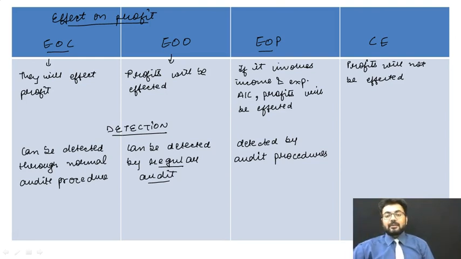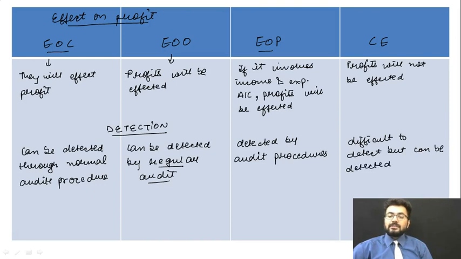By adopting such audit procedures, errors of principle can be detected. And compensating errors are actually very much deliberate and difficult to detect, but can be detected by audit procedures.